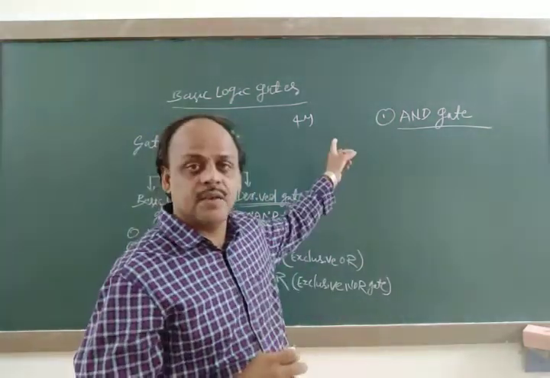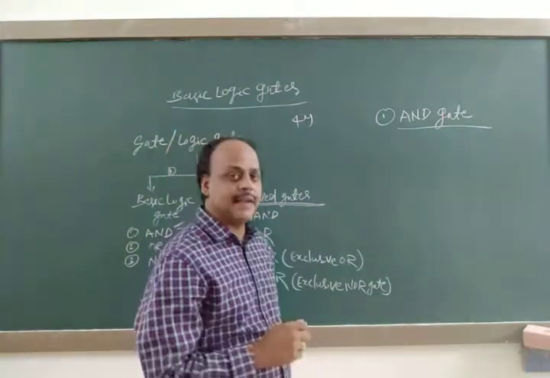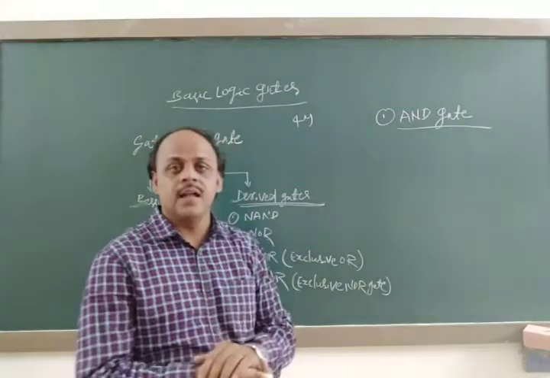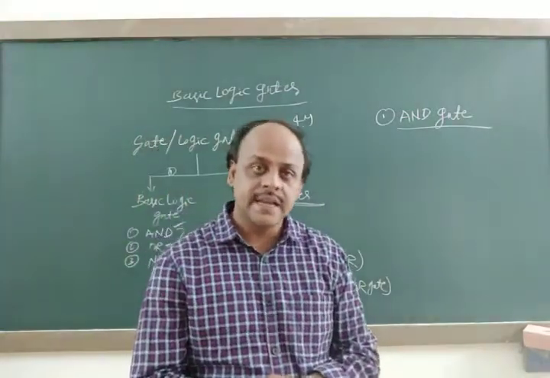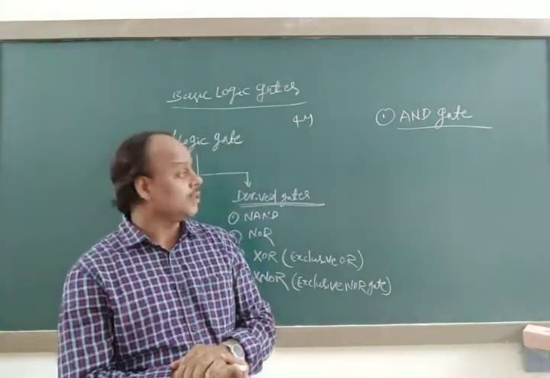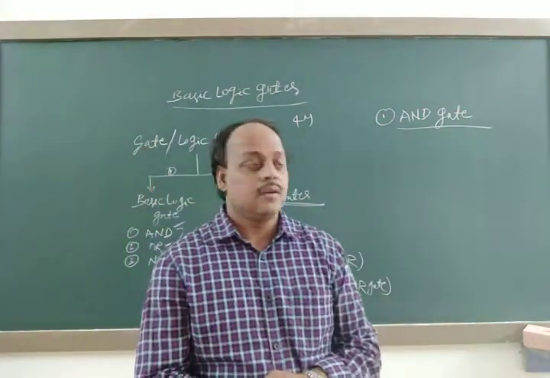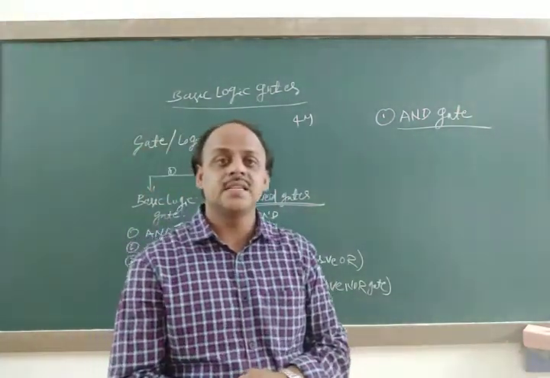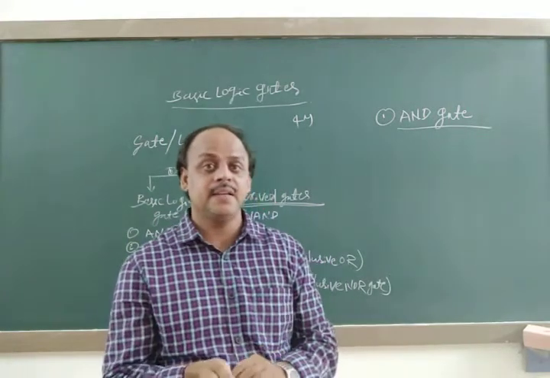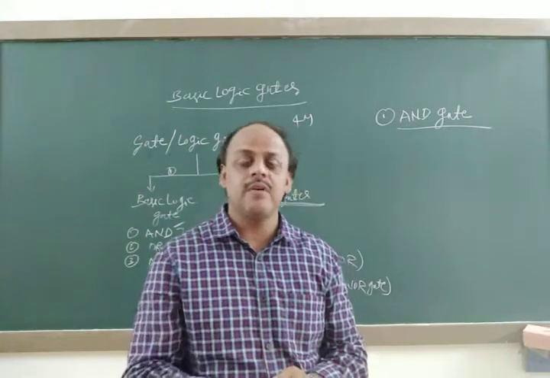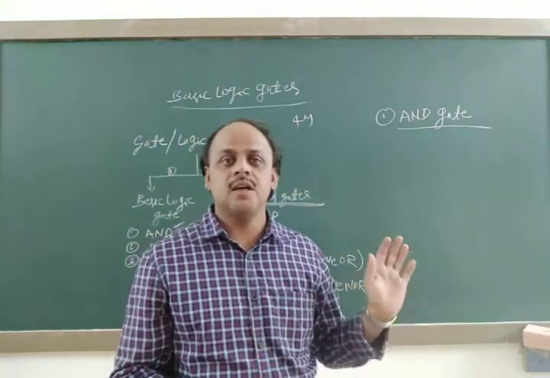So now let us see what is meant by AND gate. AND gate is one of the basic gates in which output is high, means 1, if and only if all the inputs are high.